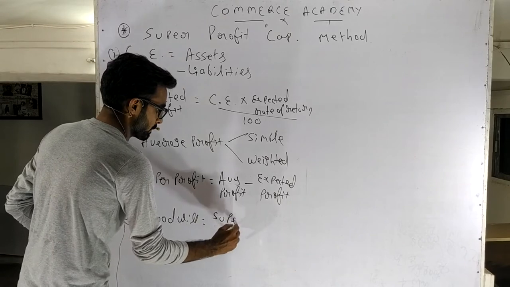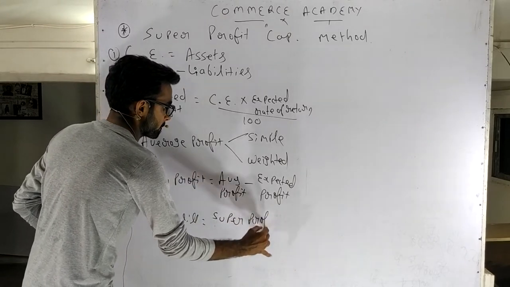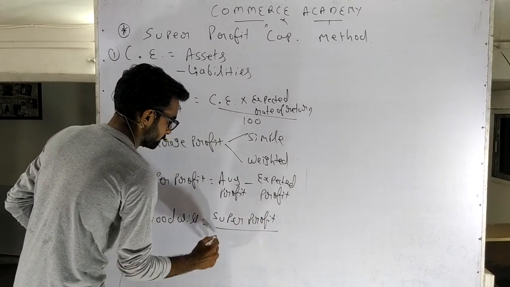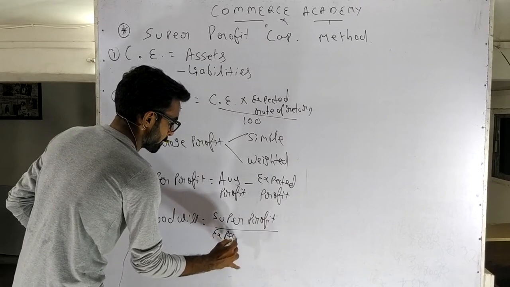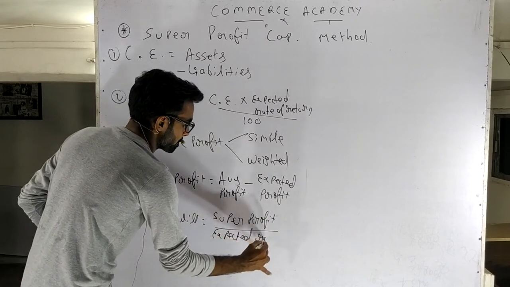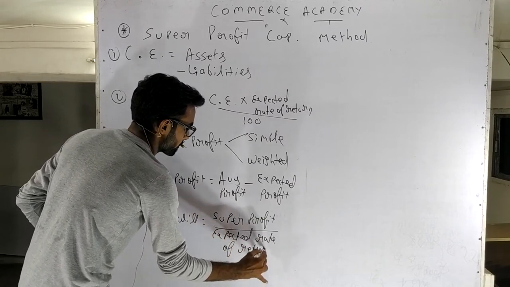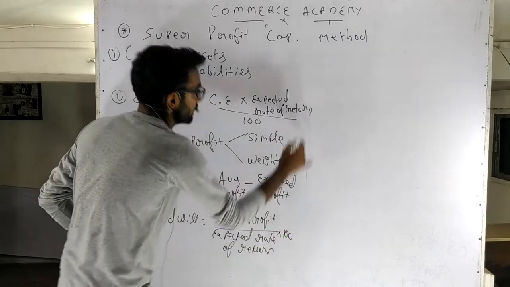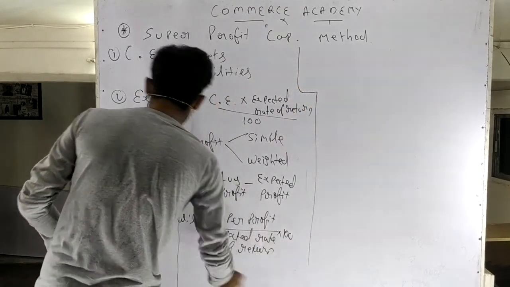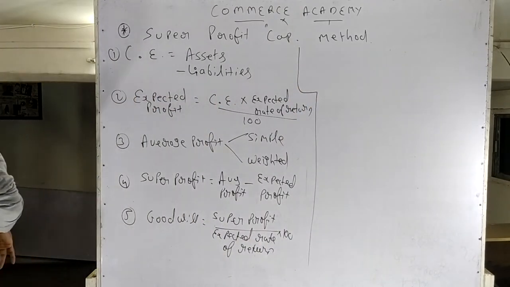Super profit divided by expected rate of return multiplied by 100. These are the 5 steps to calculate the goodwill as per the super profit capitalization method.